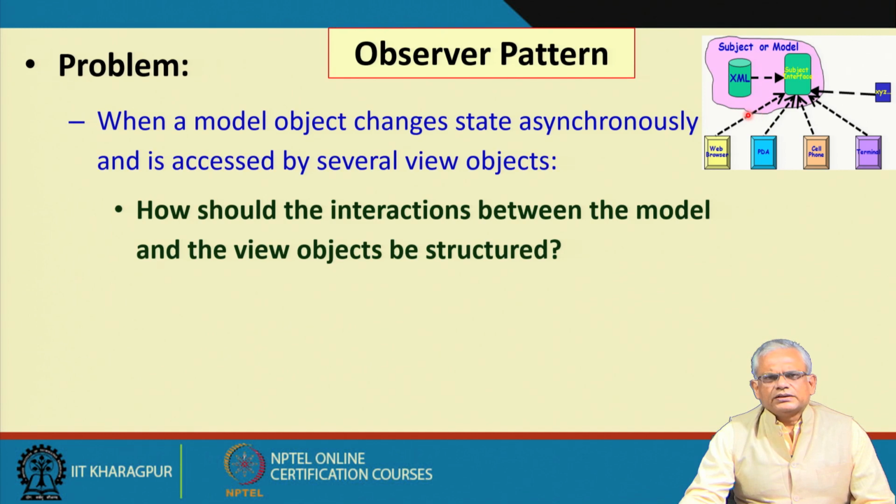But we are looking at a situation where the number of observers is not fixed. New observers may arise, some observers may drop out, and the changes in the model cannot be predicted.